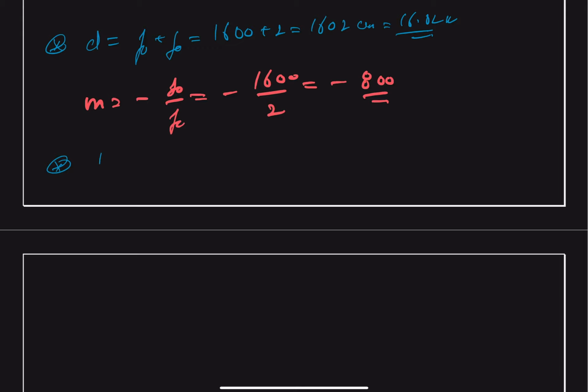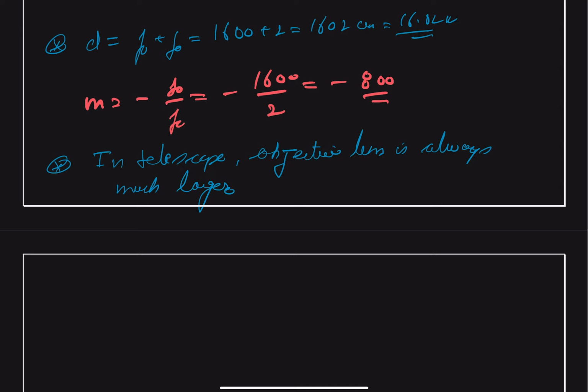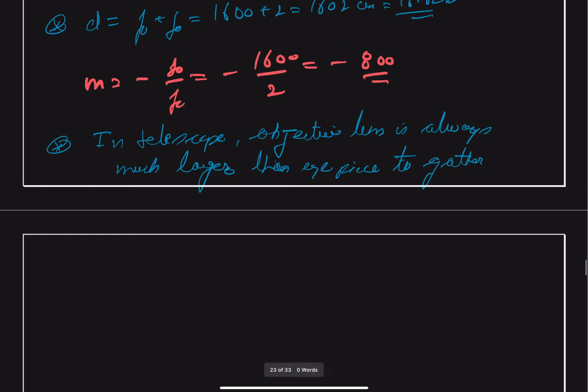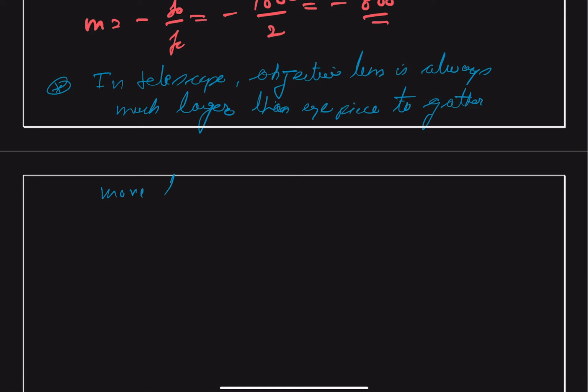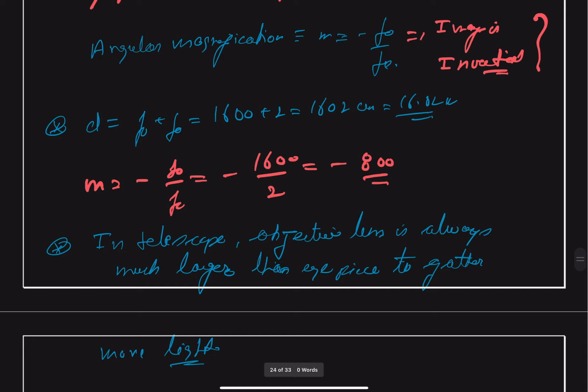So you can say in a telescope, the objective lens is always much larger than the eyepiece to gather more light.